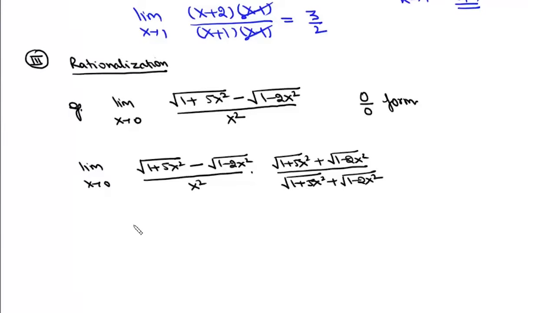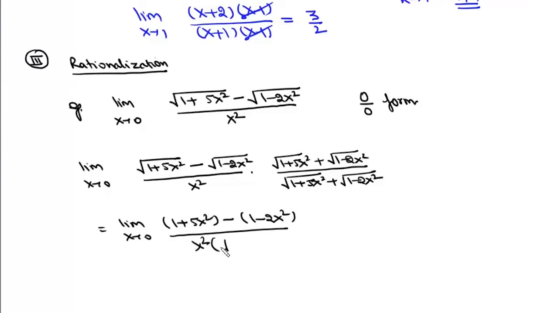Now this is (a plus b) into (a minus b). So we can write this as limit x tends to 0. Now under root of 1 plus 5x whole square, so it will be this 1 plus 5x square minus b square, and b square is 1 minus 2x square upon x square, and this is under root of 1 plus 5x square plus under root of 1 minus 2x square.